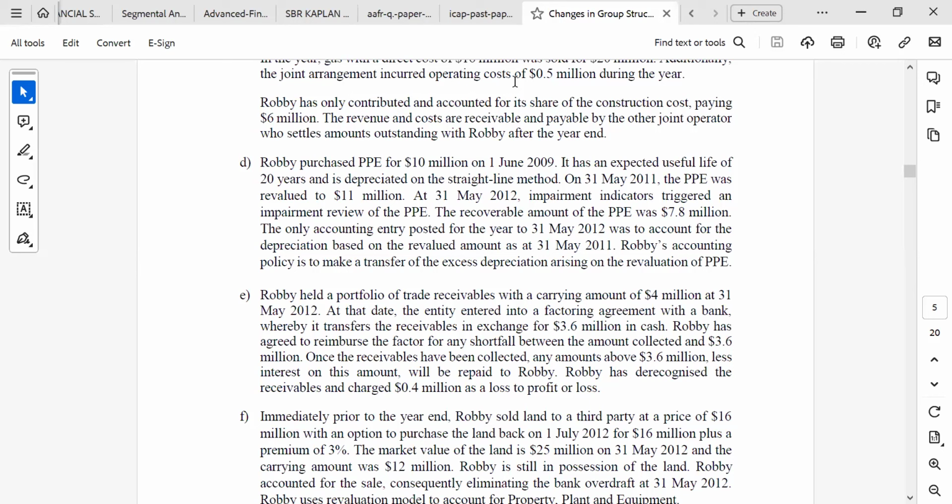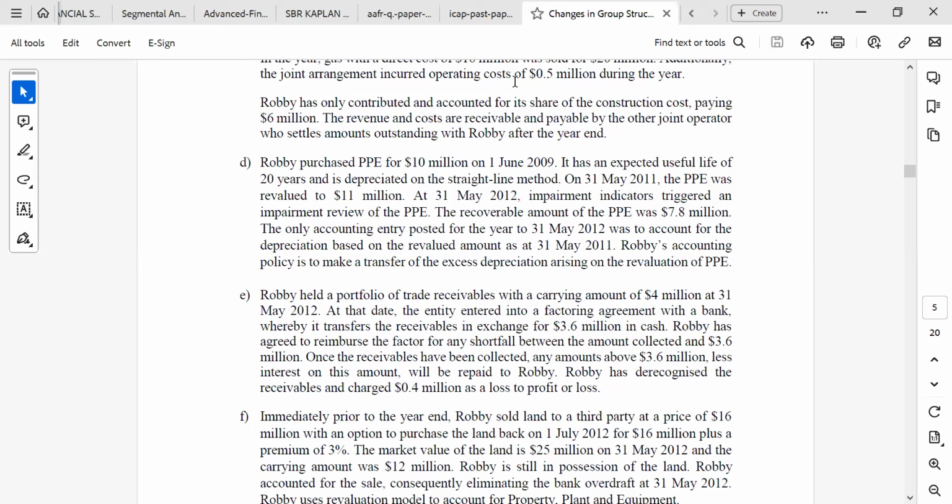So on 31 May 2011, the PPE was revalued to 11 million. So how many years after the purchase before the revaluation? The purchase was 1st June 2009. 2 years.